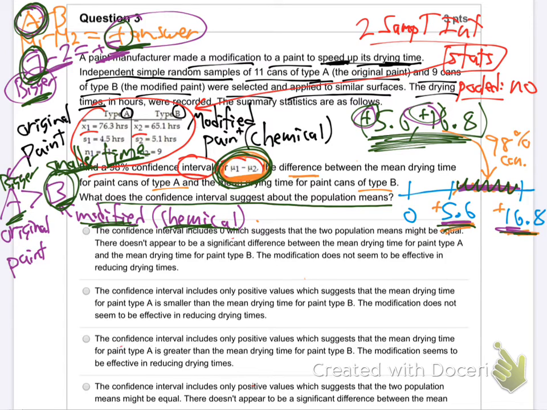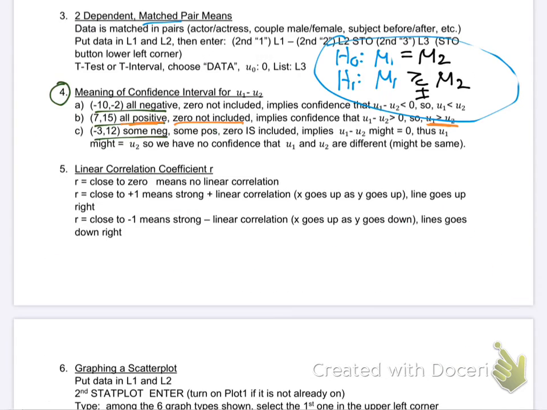You can see all that on the exam notes, number 4 right here. Notice it says, the meaning of a confidence interval. If all are negative, it means one thing. If one's negative, one positive, another. We have all positive on our confidence interval, which means 0 is not included and implies that mu1 is greater than mu2.